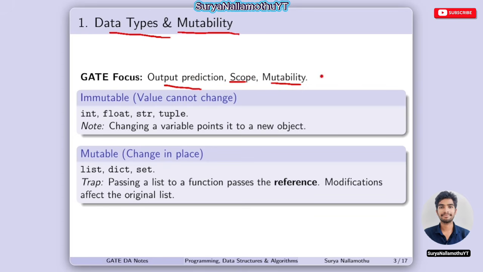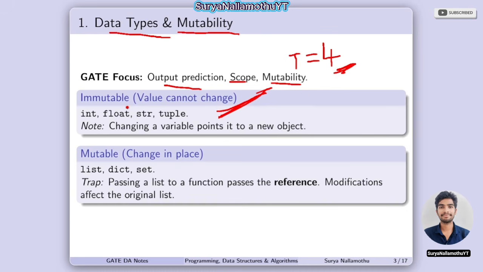First, you know very well what a data type is and what is meant by mutability. Mutability means a changeable value. For example, I write t is equal to 4. Immutable means the value cannot be changed. If we initialize the value as 4, we can't change this 4 value. So int, float, string, tuple are objects whose value we can't change after initializing.